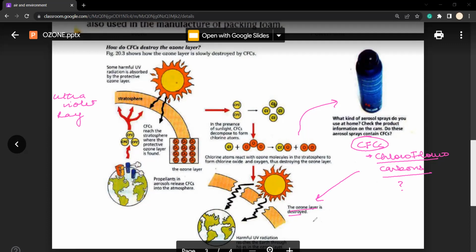And what is the impact? The negative impact of these UV rays reaching the Earth's surface is that they're leading to cataract, they're leading to skin cancers, right? They're leading to crop mutation.